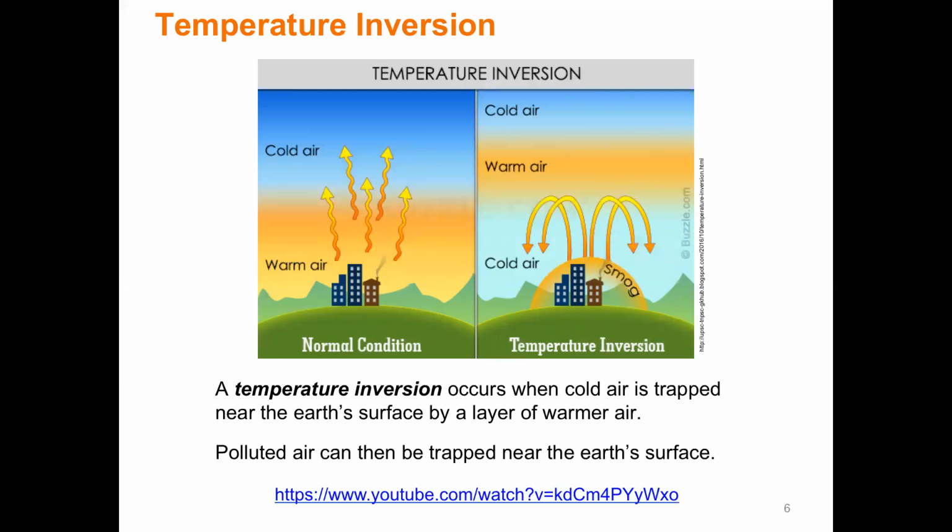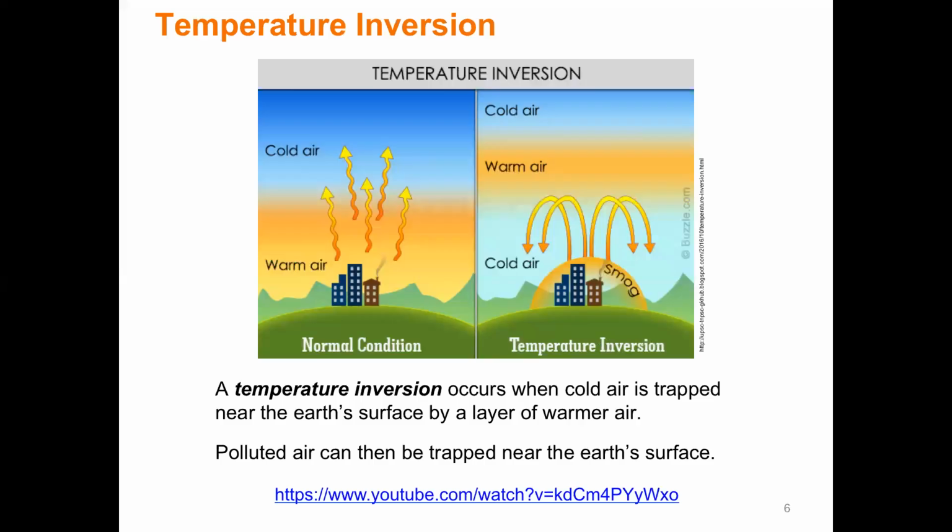But there can be conditions in which warm air will sit over the colder air, and this causes problems called temperature inversion. From all of the wastes that we produce, this can be problematic because it will not allow wastes to go out into the atmosphere and be distributed; instead they'll be trapped and form smog, right?